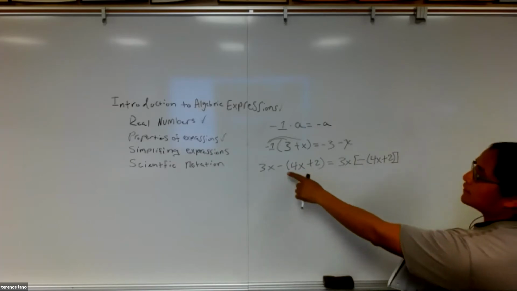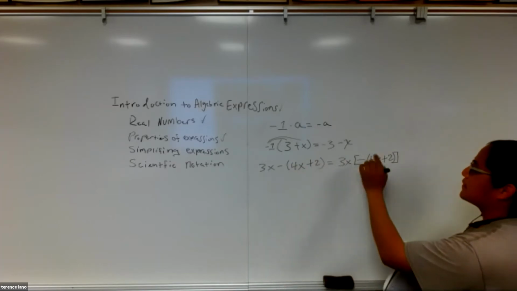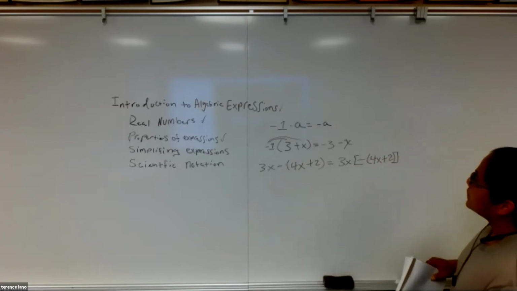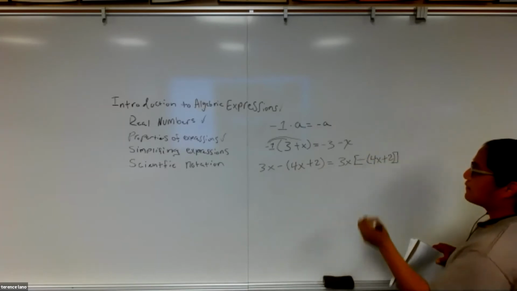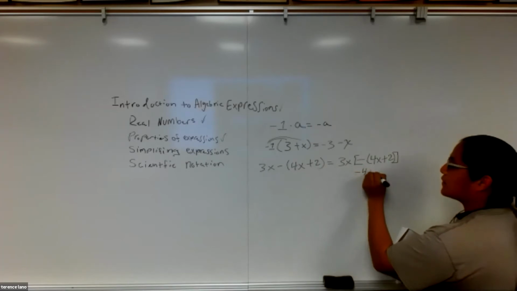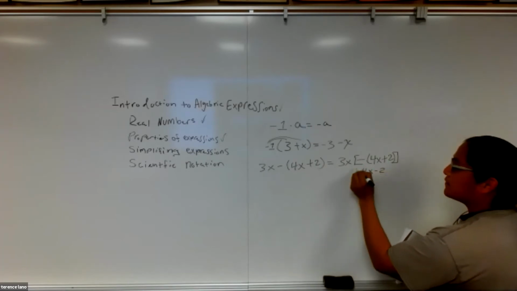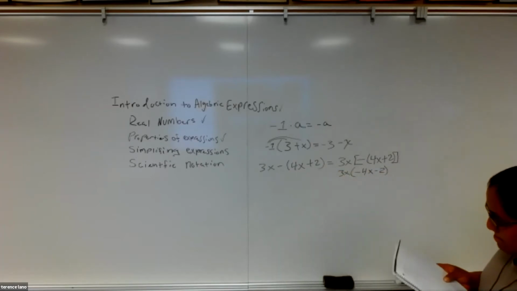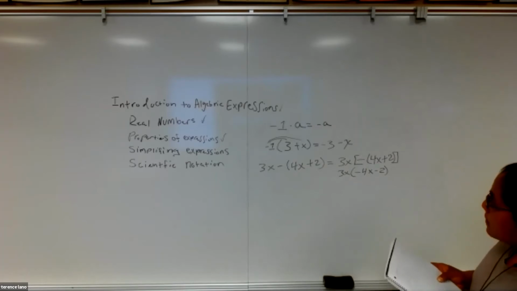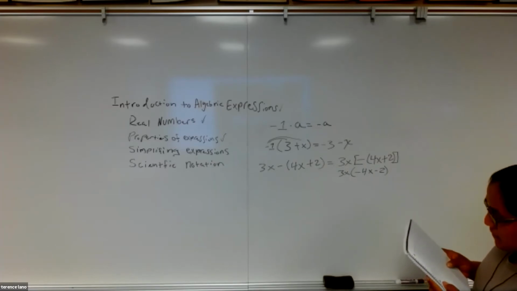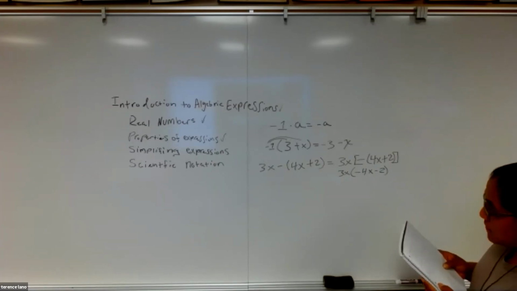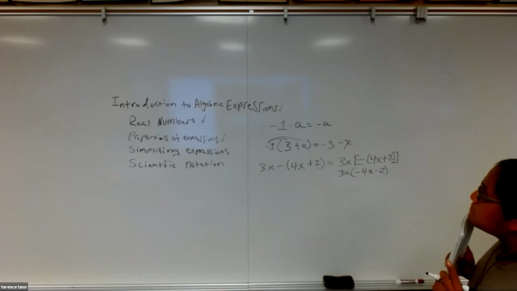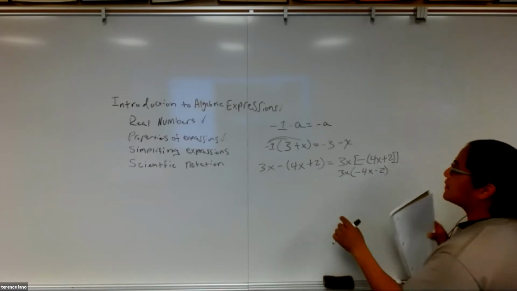And then we're going to FOIL, or not FOIL, distribute this negative to this parentheses, and we're going to be left with negative 4x minus 2. Sorry, I made a mistake.